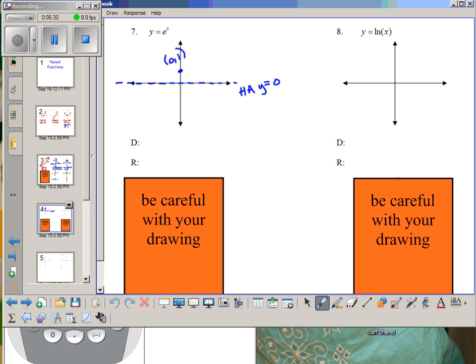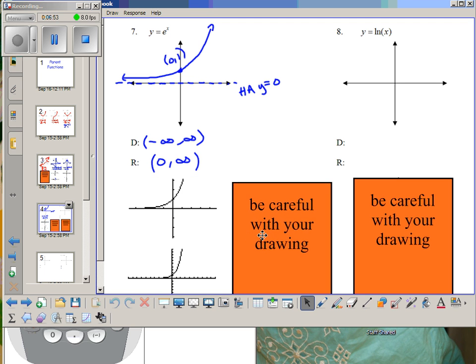And then it grows exponentially, and when we have negative exponents, that flips our fraction, and we end up dividing by bigger and bigger numbers, and so we get smaller and smaller. Our domain is all reals, and our range is 0 to infinity, but because of the asymptote, again, we do not include 0.